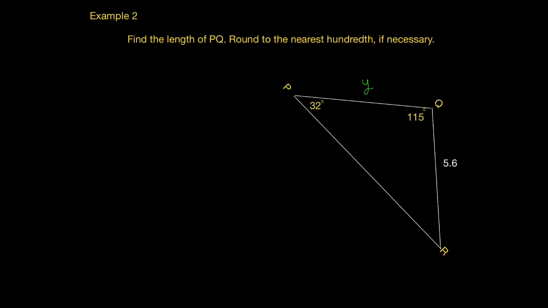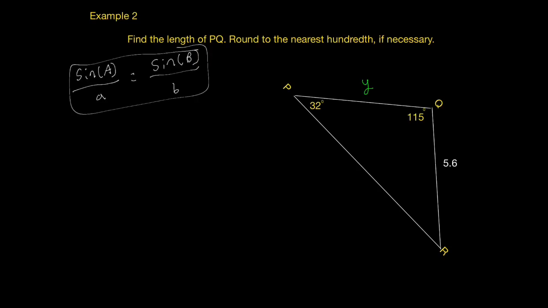Here, in order to apply the law of sines, and let me rewrite it really quickly, in order to use it, we need an angle and a length. And you can see here that for this length, we don't know the angle. However, technically we can figure it out, because remember that every triangle, whether it's right or not, due to the angle sum theorem, all of the angles have to add to 180.